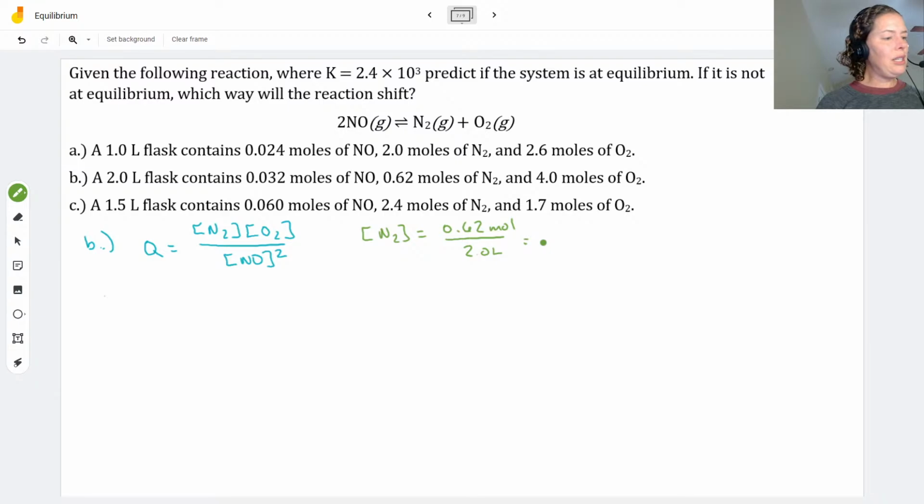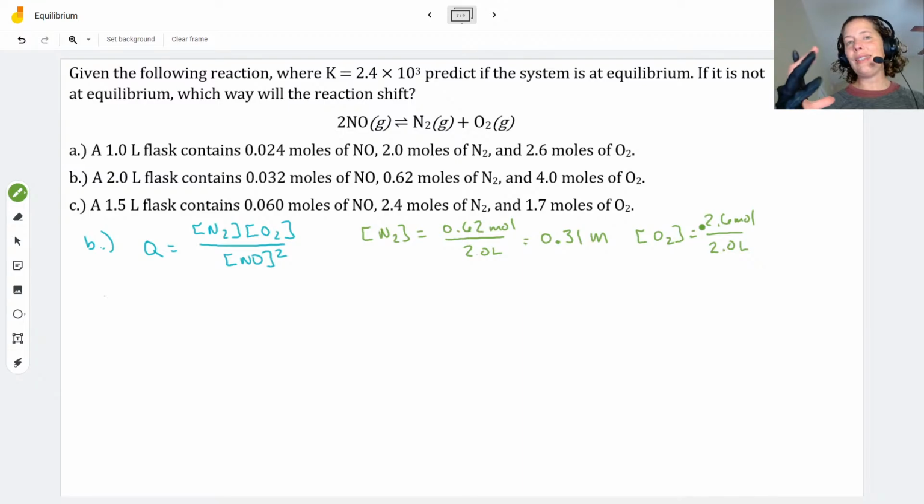And so that is, whoa, okay. Sorry, I looked at the wrong number there. I was very confused. Okay, so that's nitrogen. Let's do the same for oxygen. 2.6 moles over 2 liters. So that these are all in the same size vessel.